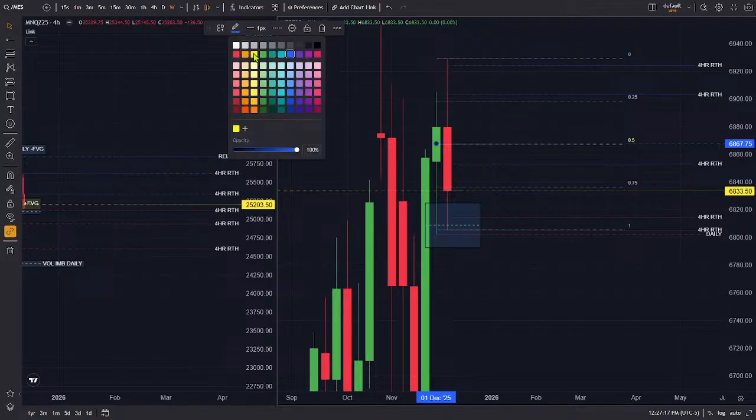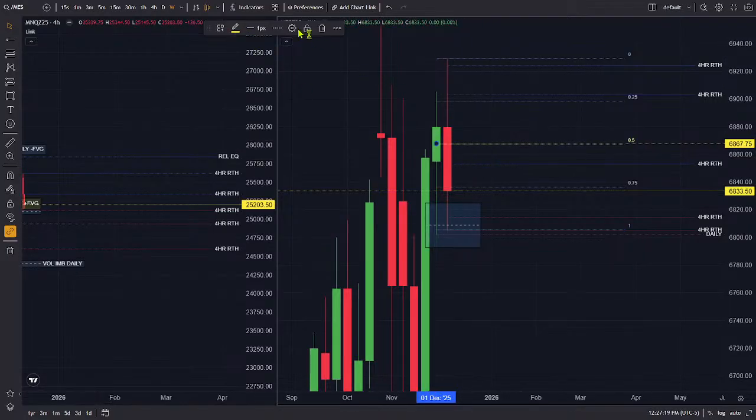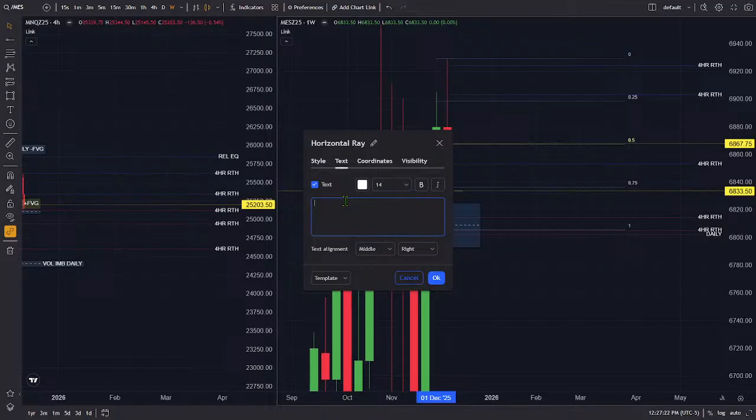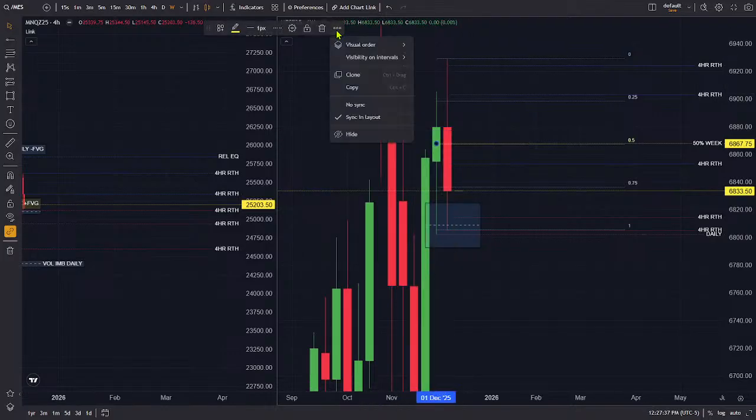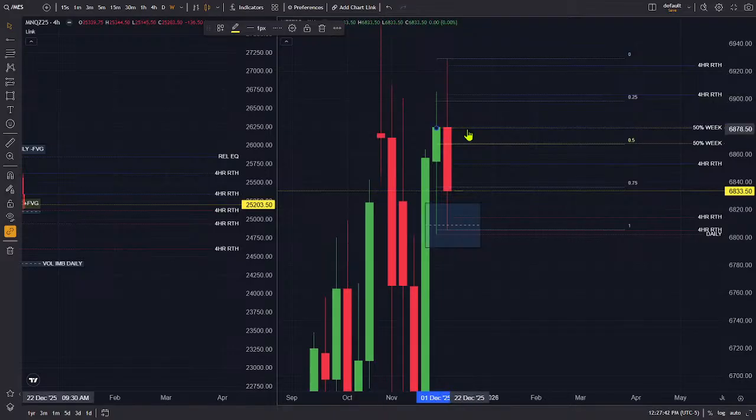So always make consequent encroachment yellow. And then I just label it 50% of the week. You can put last week. There we go. And I'll just clone that one and move it here. I'll usually make it blue.